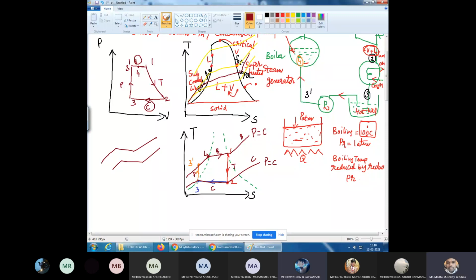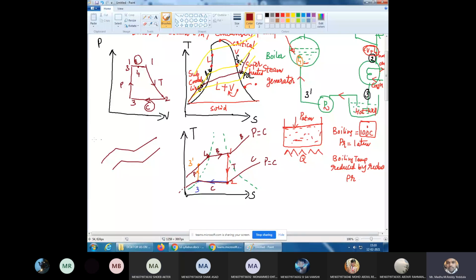P2 is equal to P3, right? On this constant pressure line, P2 is equal to P3. And on this constant pressure line, P1 is equal to P4 is equal to P3 dash. Yes, sir. Others, please tell me. Is it okay? Yes, sir.